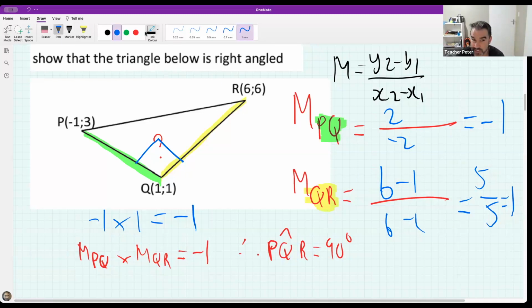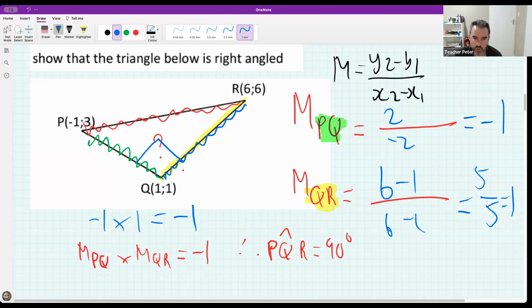The other way you could have done it is to find the length of the red squiggly line, the green squiggly line and the blue squiggly line using the distance formula.